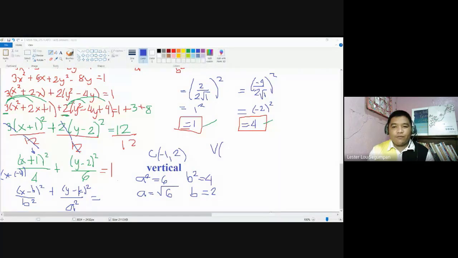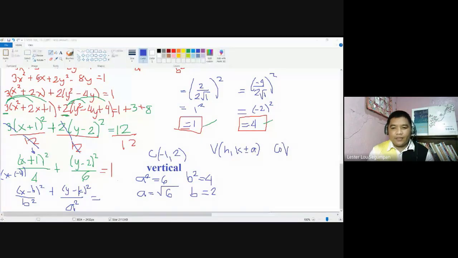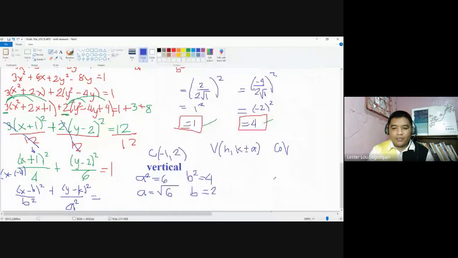The vertices for a vertical ellipse where the center is not at the origin is given at h and then k plus minus a. The covertices is given at h plus minus b, and then k.